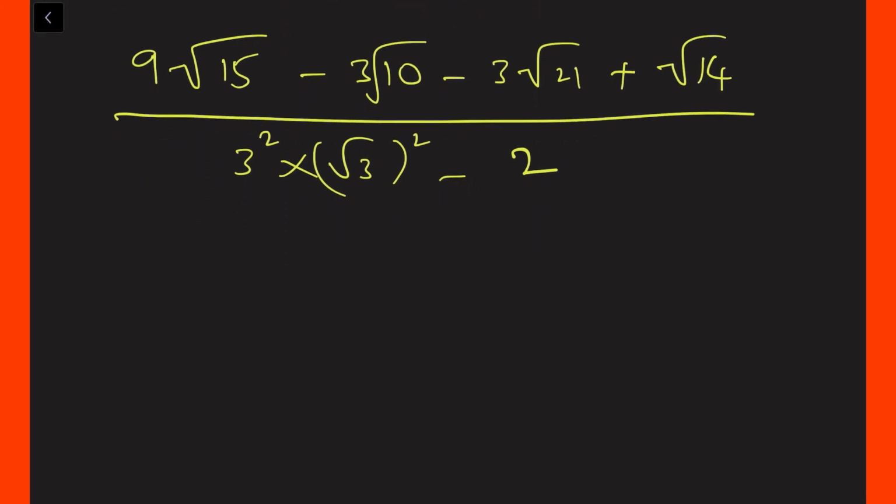Now if we observe the numerator clearly, here root 15, here root 10, here root 21, here root 14, all the radicands are completely different, so we cannot simplify further.